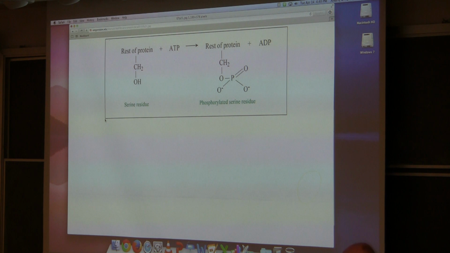Look at the charge on that phosphate. Serine didn't have a charge. The side chain didn't have a charge. Now, when we put a phosphate on it, it's got 1, 2 negative charges there. We've changed the charge of a part of a protein. What happens when we change charge in a protein? We may change the shape. And if we change the shape, we may change the way in which the protein functions.